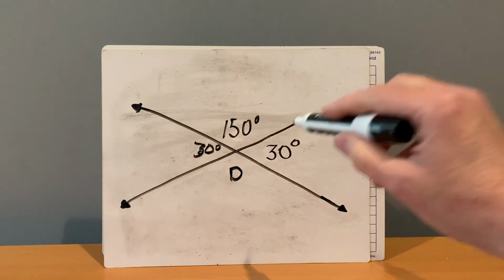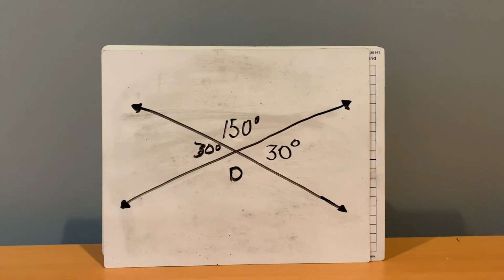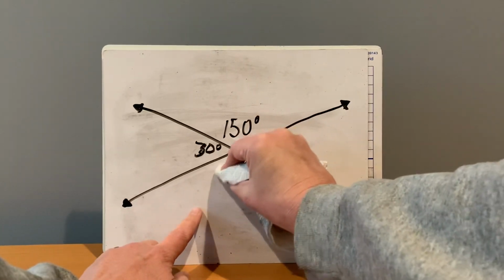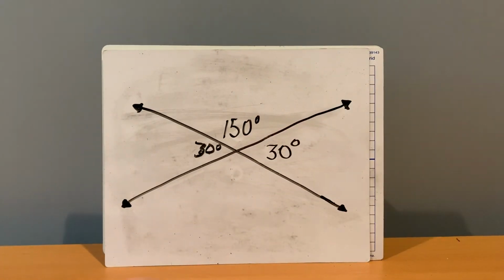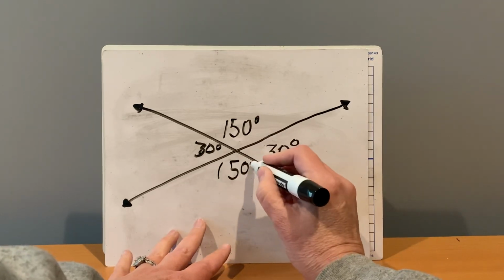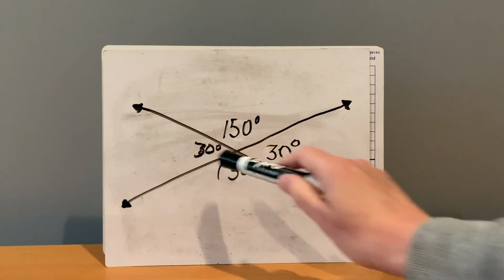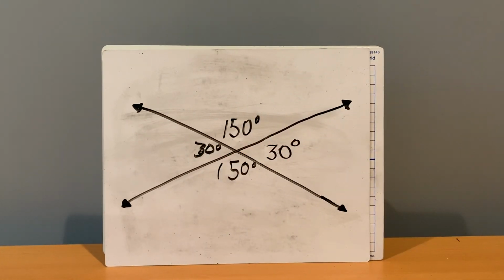Now looking at this, either 30-degree angle and angle D form a straight angle. So angle D is 150 degrees because remember, a straight angle is 180 degrees total. Now from this, we can see why vertical angles are equal.